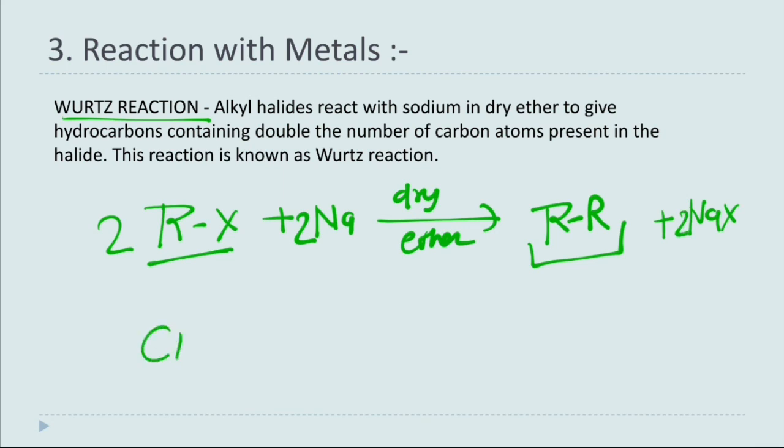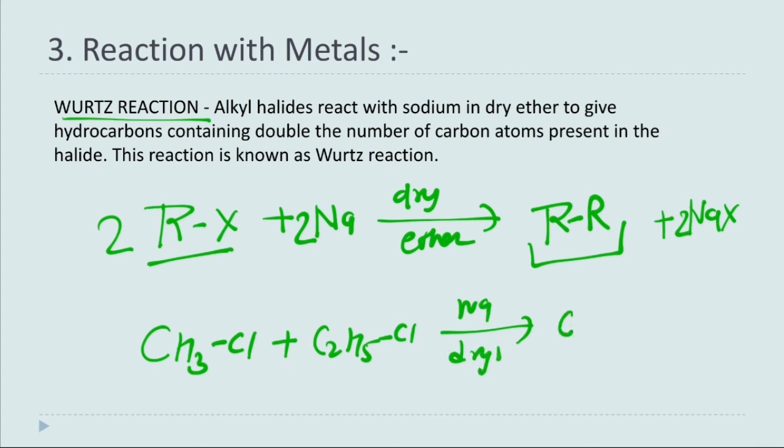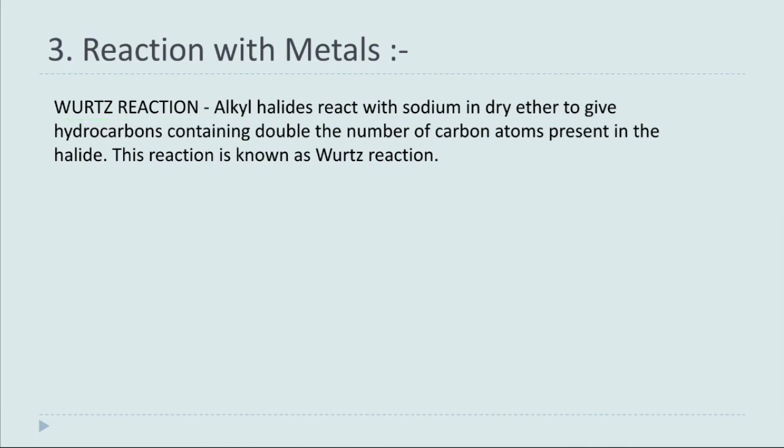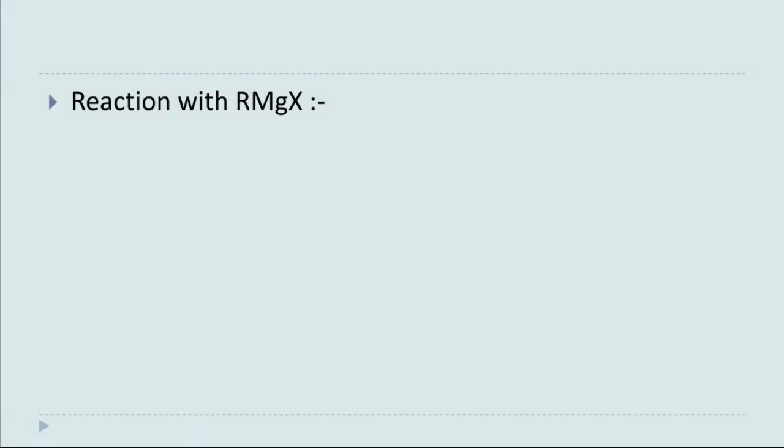Now what happens if we take methyl chloride and ethyl chloride, sodium and dry ether, which alkane will be formed? CH3C2H5, meaning propane will be formed. Okay, so it is a dimerization reaction. And next is the reaction with RMgX.